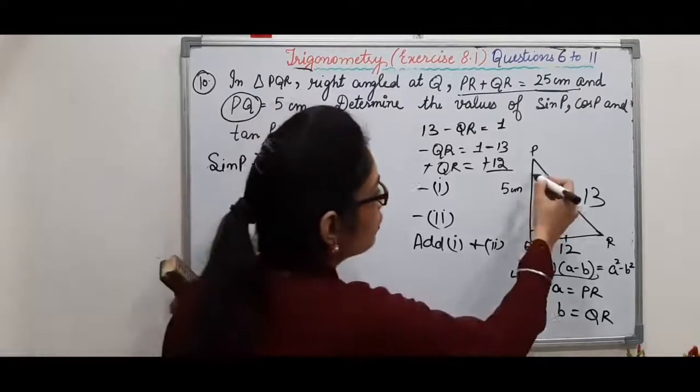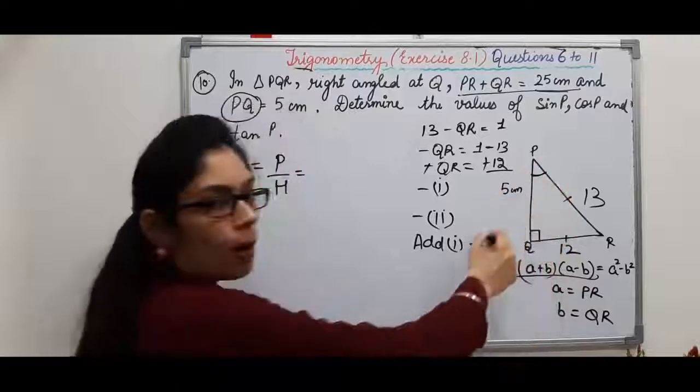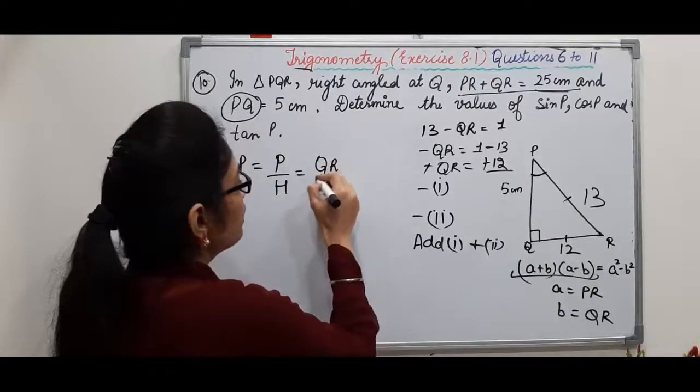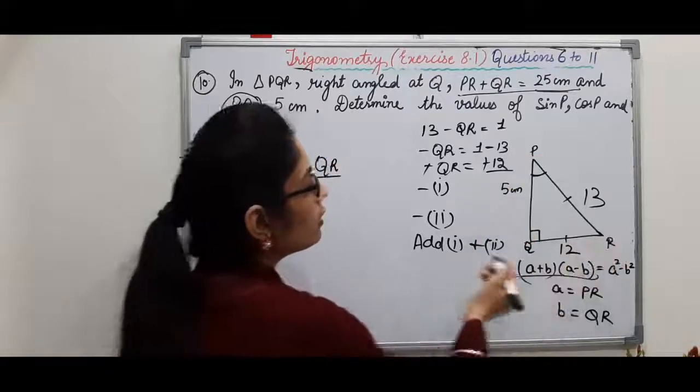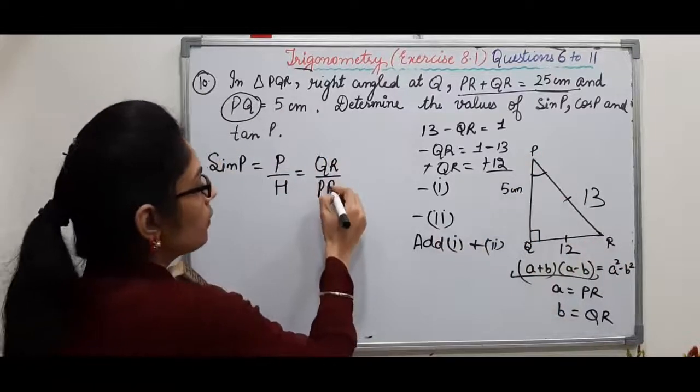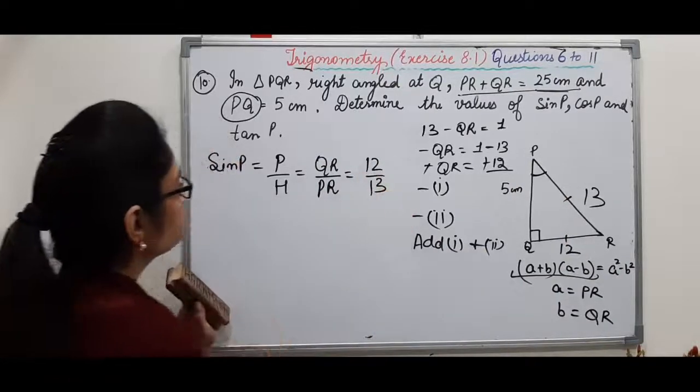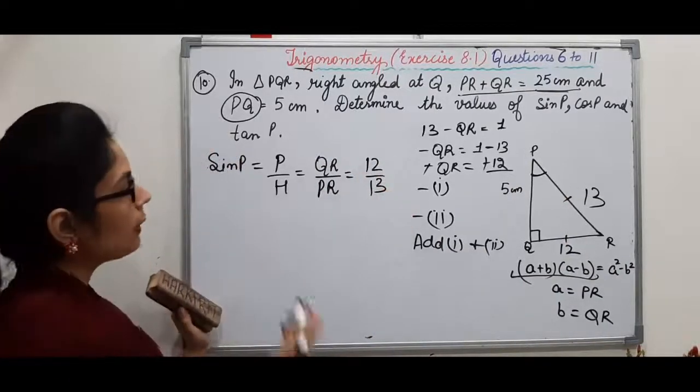Opposite to P you can see QR is the side, so the perpendicular is QR and the hypotenuse remains PR. QR is 12, so 12 by 13. Sin P is equal to 12 by 13.